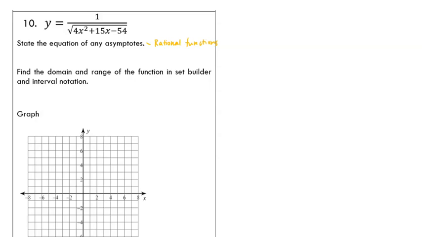But you really don't see it in square roots, and you really don't see it in quadratics. Okay, so I'm going to take the vertical asymptote by setting that denominator equal to 0.